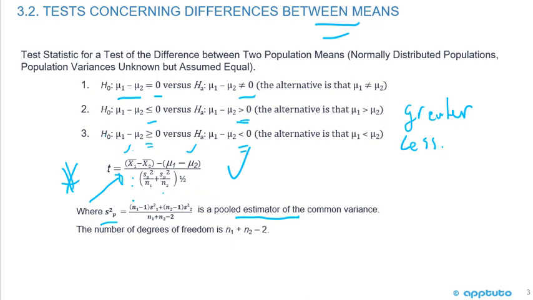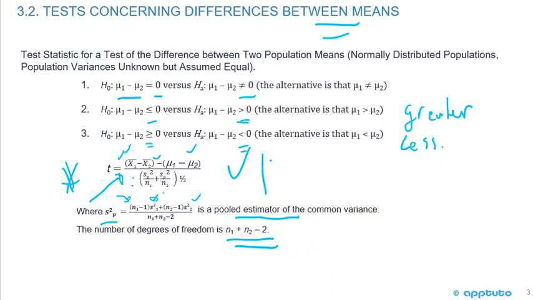And the way that we need to calculate that is N1 minus 1 times the sample variance from the first sample, plus N2 minus 1, that's the number of samples in the second sample, times the sample variance of the second sample, divided by N1 plus N2 minus 2, which is also how we calculate the number of degrees of freedom, N1 plus N2 minus 2.